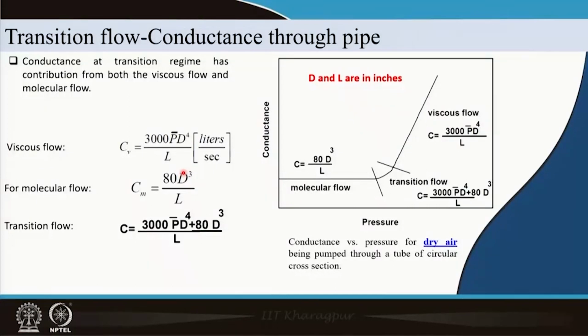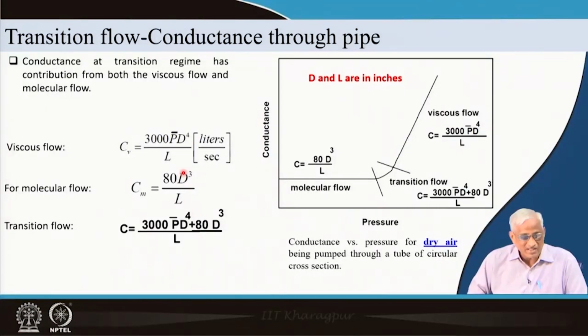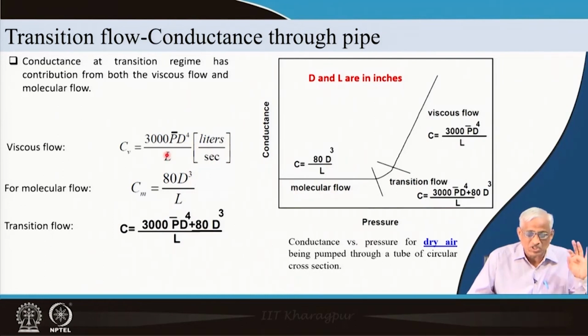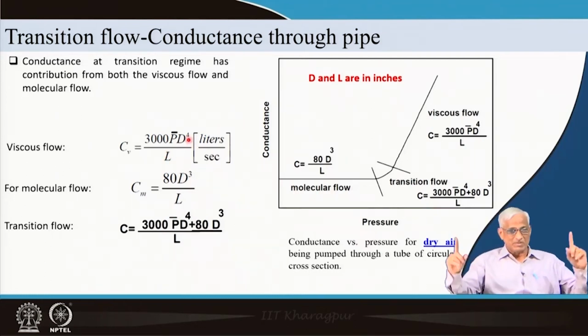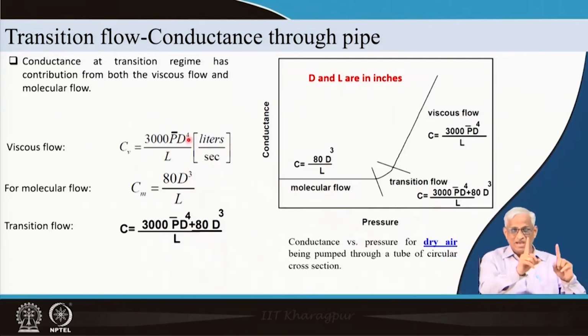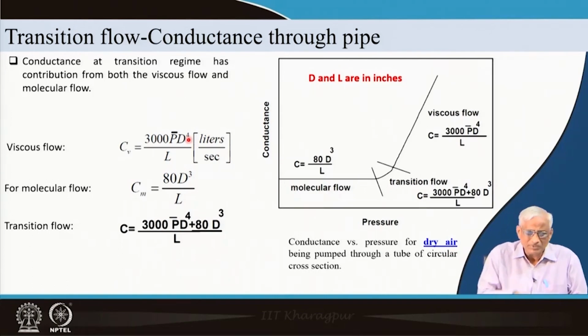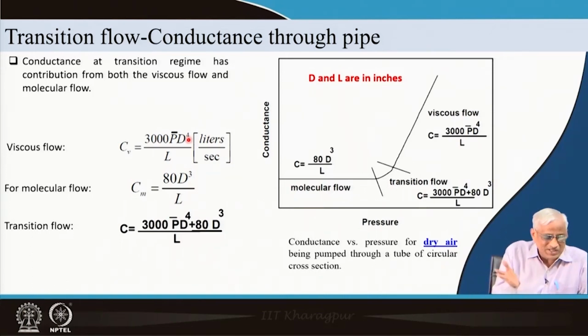So, for example, for air, when the dimensions are taken in inches, the viscous flow conductance, that is laminar flow conductance, which we dealt with already in lecture 32, is 3000 times P average. If there is a delta P across a pipe, P average is the average pressure, (P1 plus P2) by 2, as we have seen in Poiseuille's law.